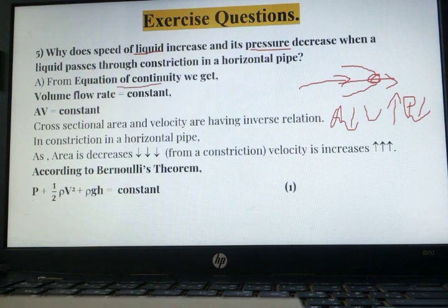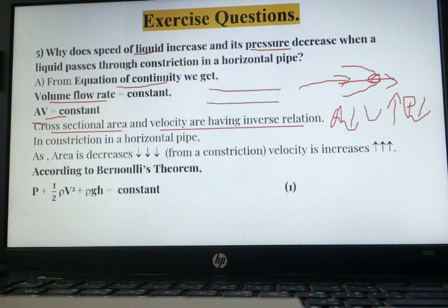From the equation of continuity, we know that volume flow rate means what? A and V are inversely related. Cross-sectional area and velocity have an inverse relation. In a constriction in a horizontal plane, whenever the pipe is constricted, area is decreased.